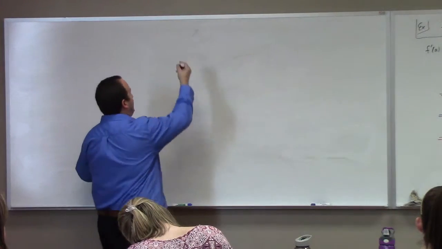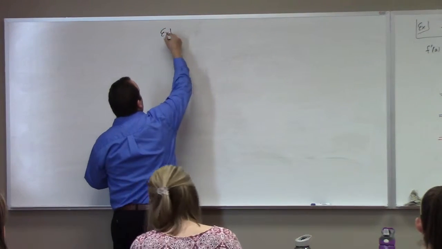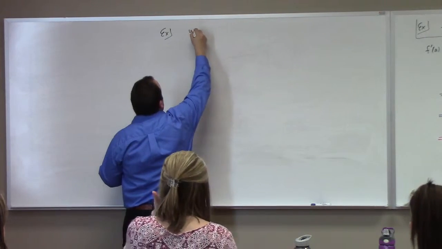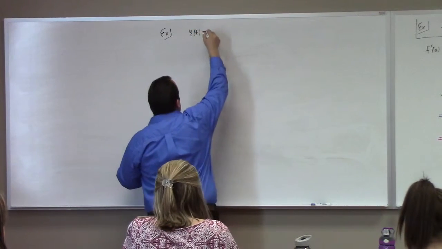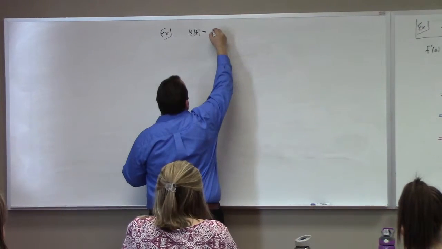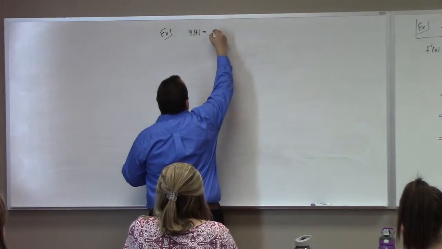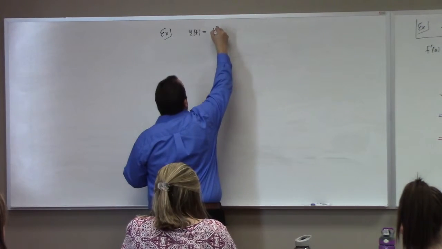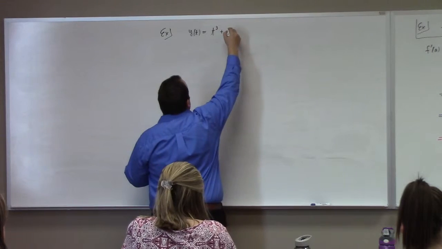Let's look at an example like that. Let's suppose we've got y of t equal to, let's say, I don't know, t cubed plus 2.